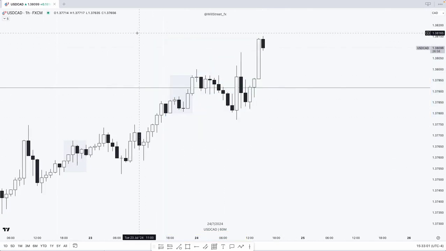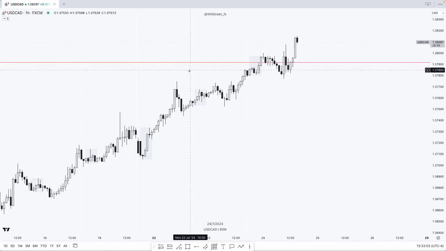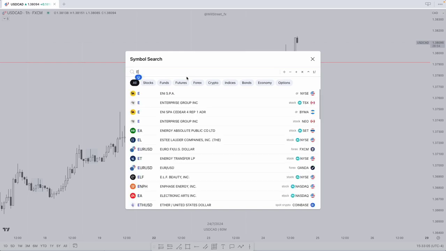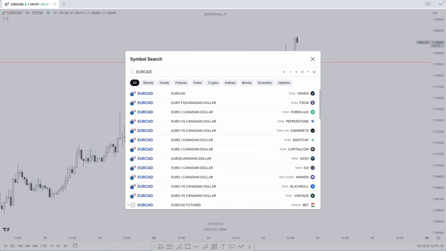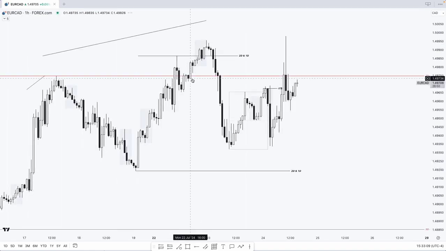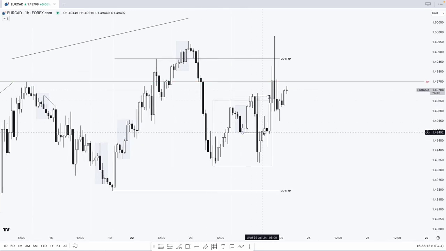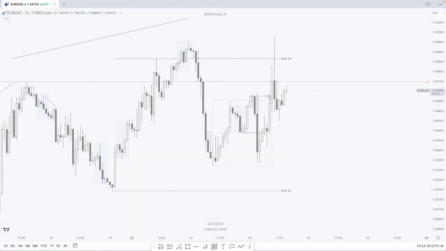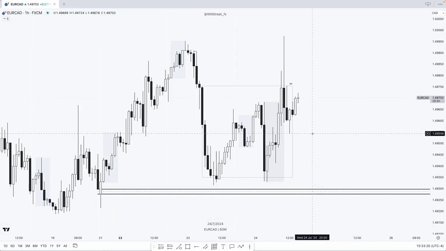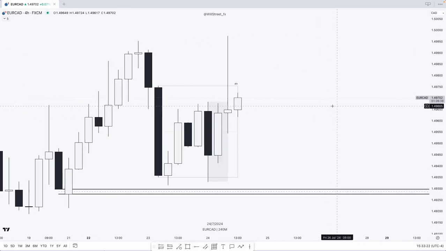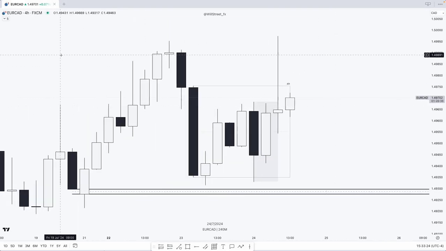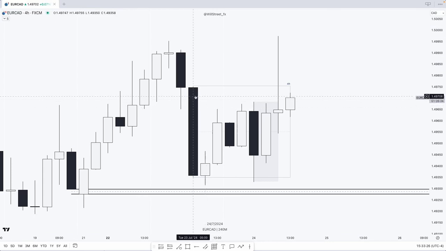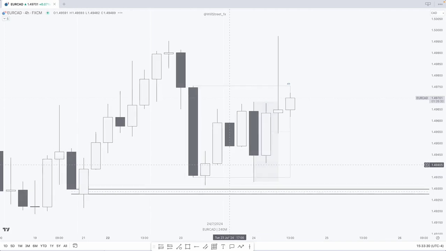So let me delete all of this. Also, when trading a correlated asset, CAD, look at this, we already have the bias for the news.